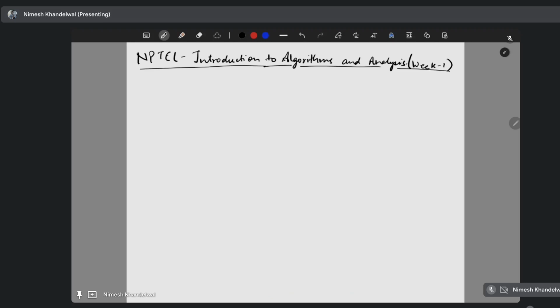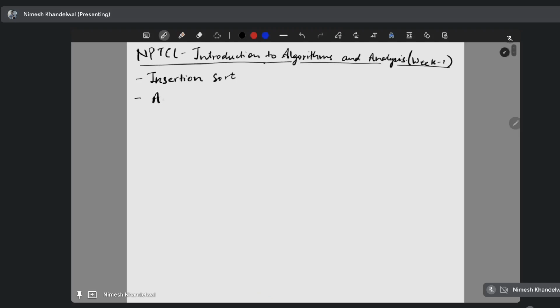So, in this week, the topics covered were basically insertion sort, asymptotic analysis, and basic analysis and workings of merge sort.